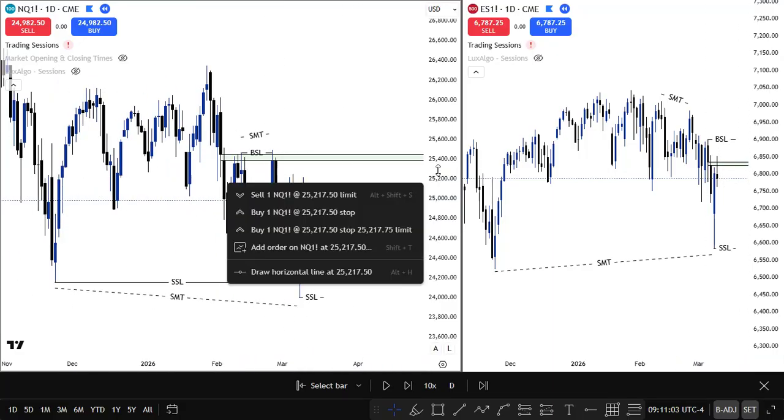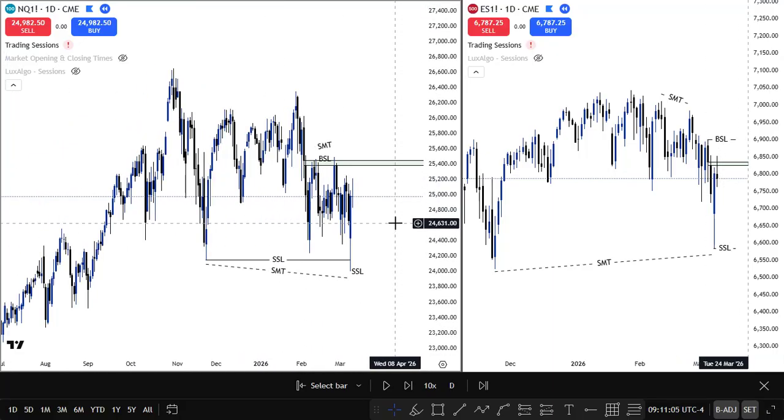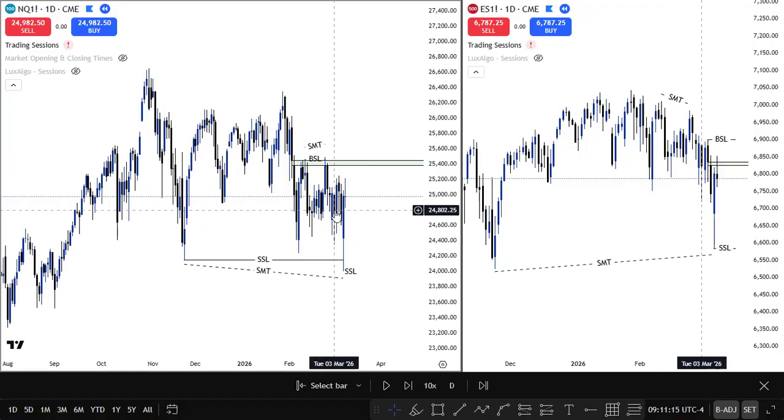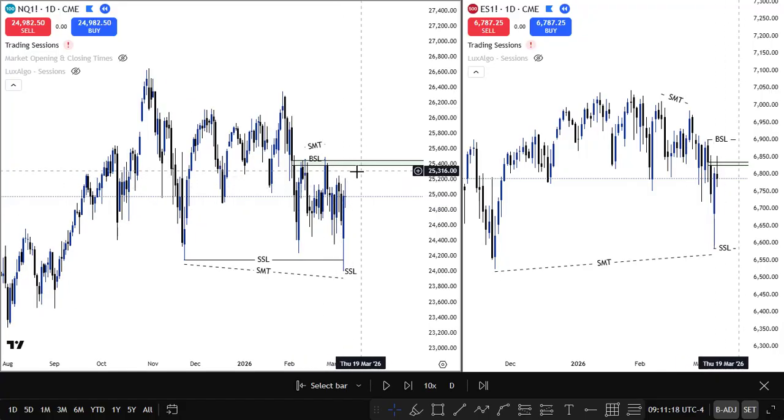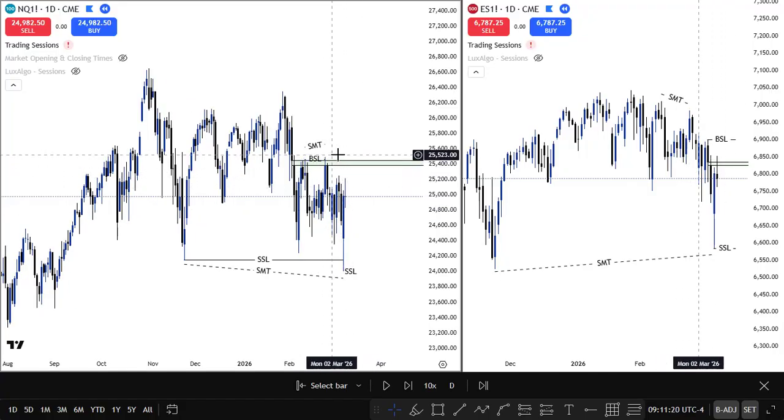Potentially, if we push higher, I would say I'm pretty much bearish now. I'm still pretty much bearish, and I think I'll be bullish on the daily as soon as I see this break of structure.